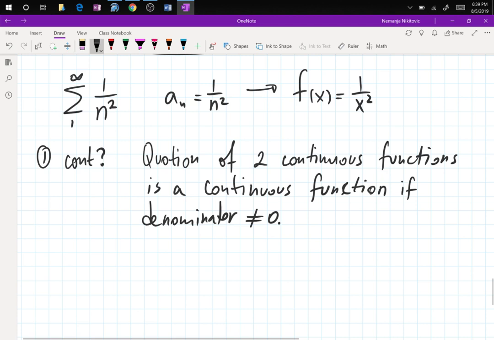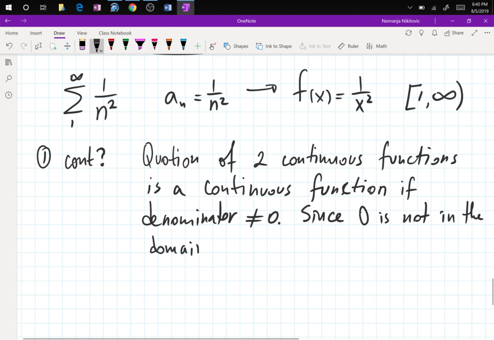Note that the domain is again 1 to infinity, so 0 is excluded. 0 is the problem point. So since 0 is not in the domain, which is 1 to infinity, 1 over x squared is continuous.